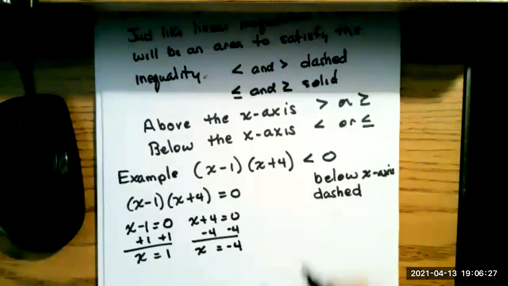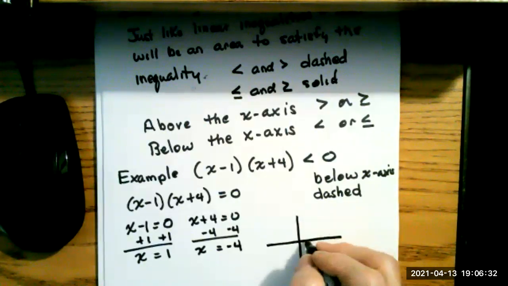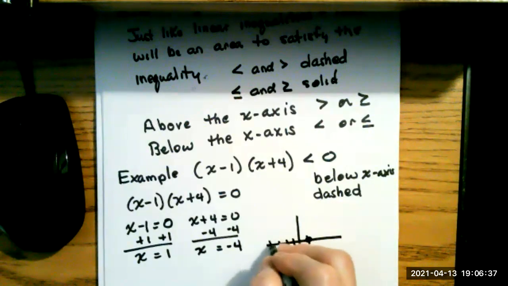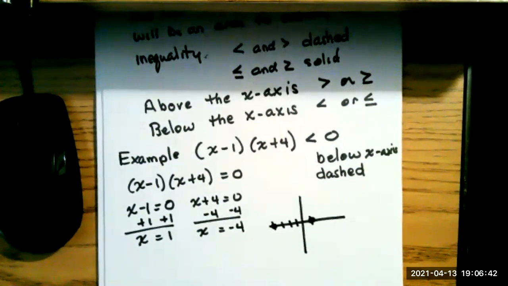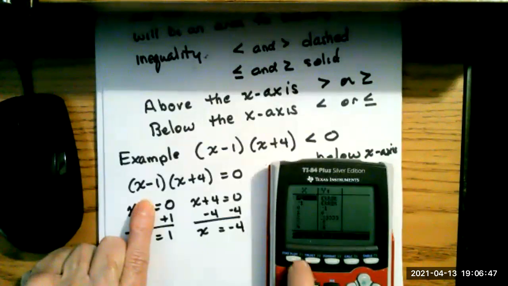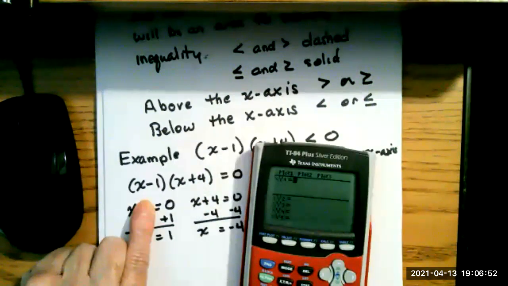They're also the x-intercepts. So what I'm going to do is go to my graph, and I'm going to put x equals 1 here, x equals negative 4 here. Then I'm going to grab my calculator, and I'm going to graph this one that says equal to. x minus 1, x plus 4.